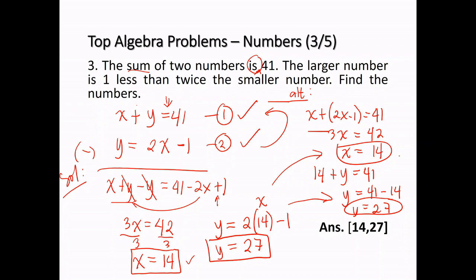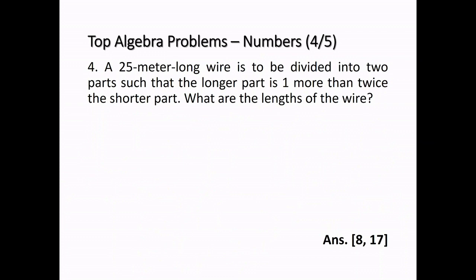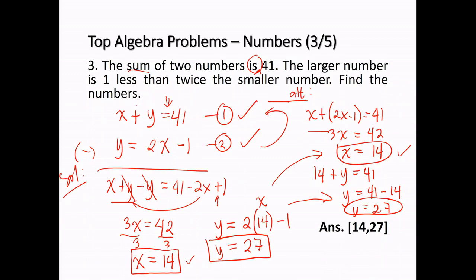And let's proceed to number 4. Okay, a 25-meter long wire is to be divided into 2 parts. Now, by the way, before we proceed, problems number 2 and 3 have 1 and 2 equations respectively, but it can be a sentence or a problem.